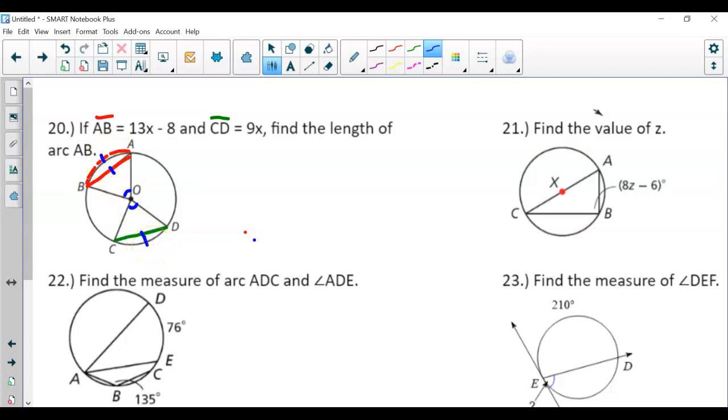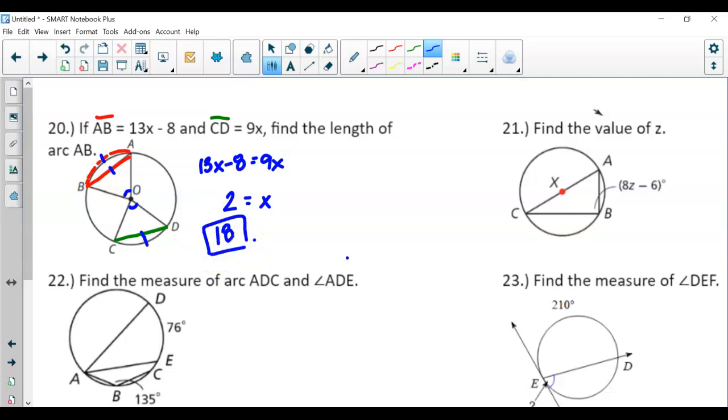Everything, arcs, everything is congruent to each other. So now we just got to go through here and solve for x. So 13x minus 8 is equal to 9x. Solving for x, you should get x is equal to 2. Then plug back in and you should get 18.